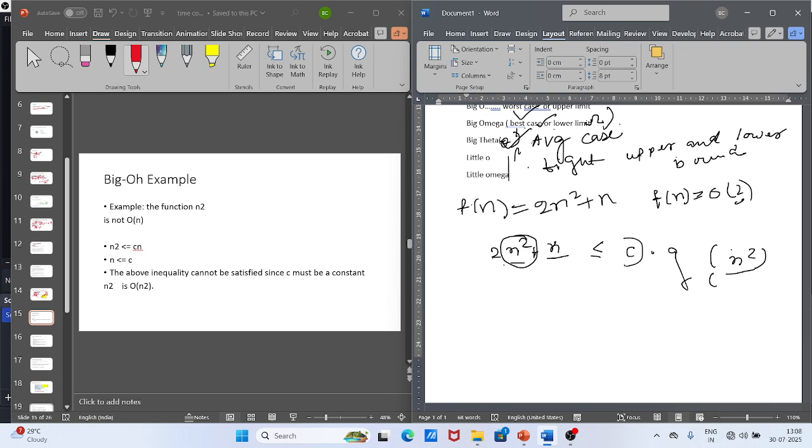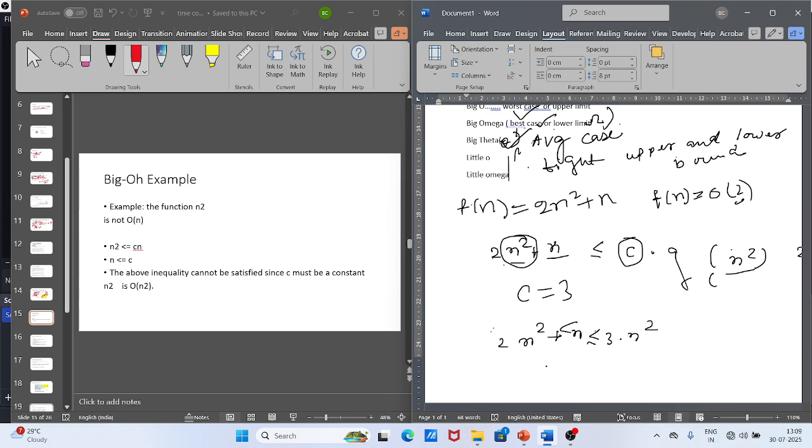But you have to calculate this c value. Now put c equal to 3. Then we can see 2n square plus n is less than or equal to 3n square.